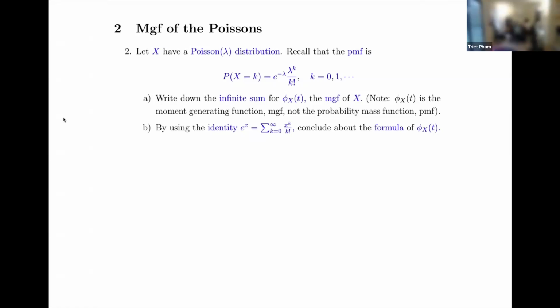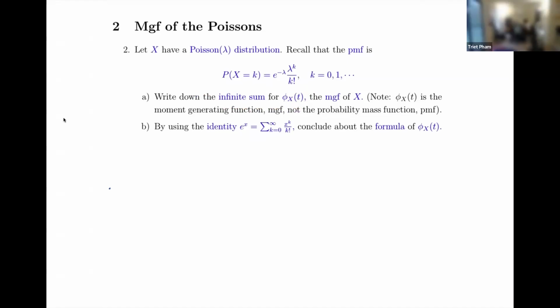So we start out with the same thing, which is writing down the expression for the expectation, E of e to tX. But here, because the Poisson is a discrete random variable, it'll be a sum rather than an integral.